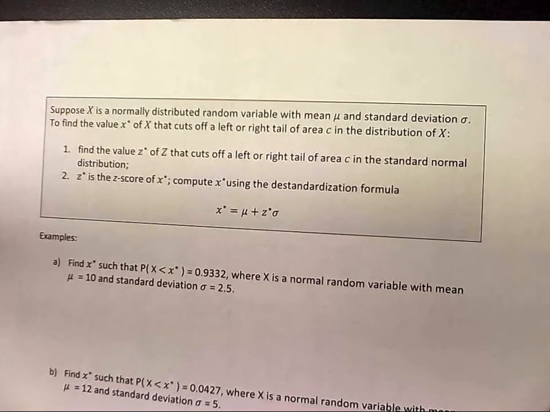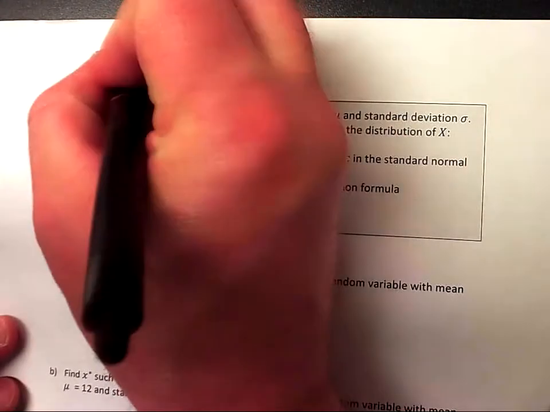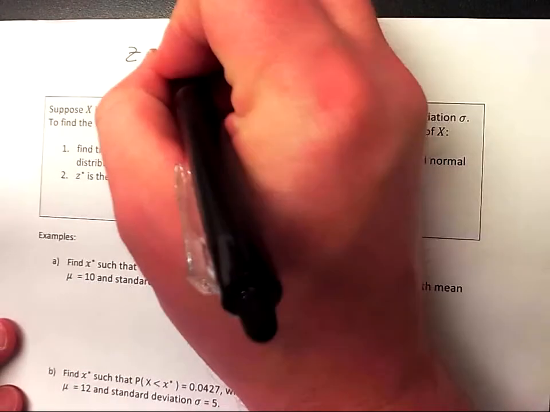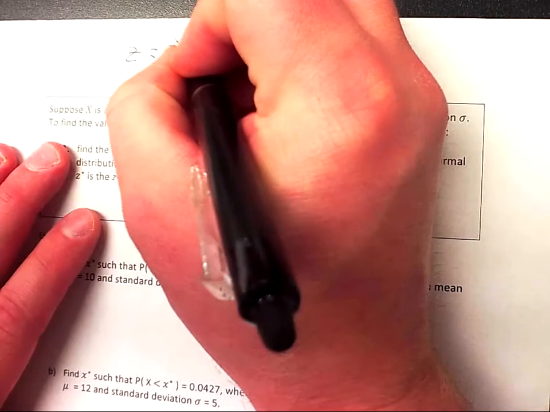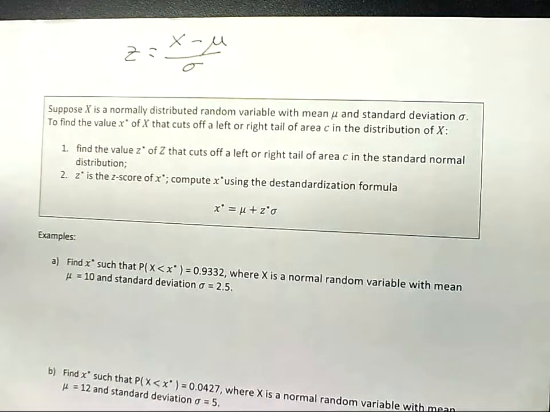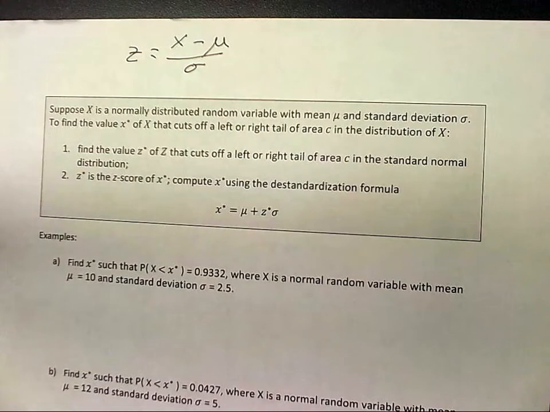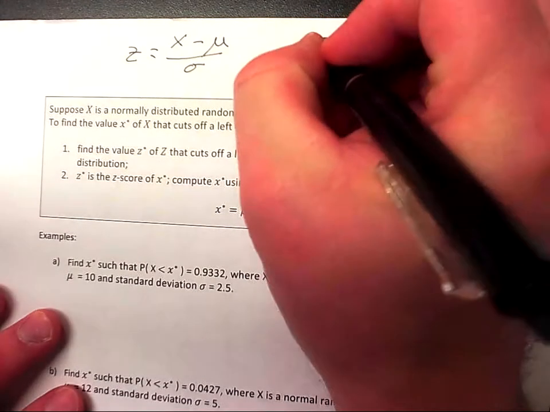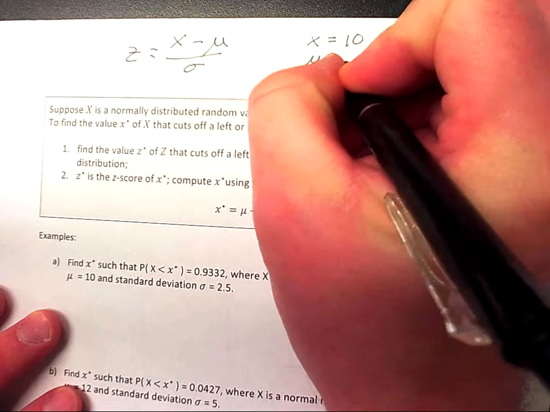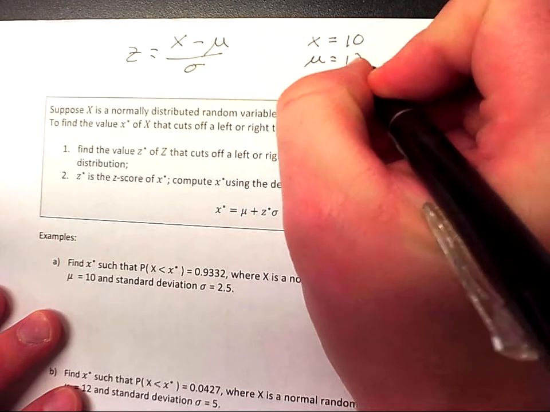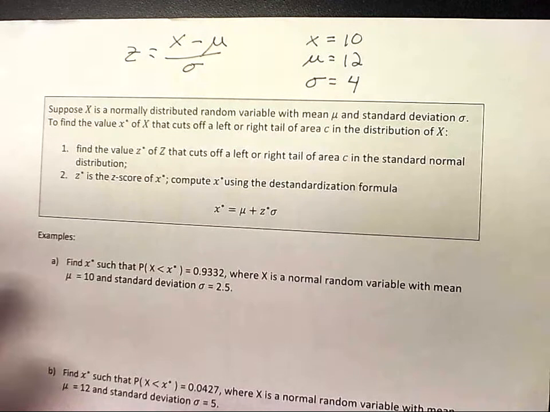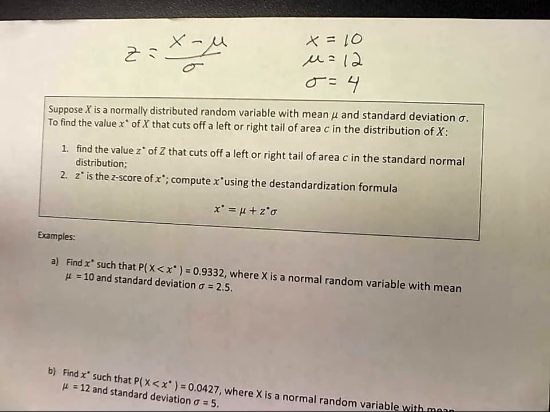Let's break it first down to a basic math concept. Let's say that you're trying to calculate a z value. Well, if you have some x value, some mean, and some standard deviation, you can calculate your z value, right? For instance, let's say you had an x value of 10, a mean of 12, and a standard deviation of 4.